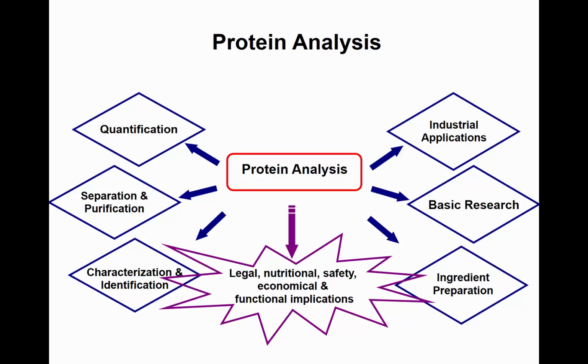And when you're carrying out protein analysis, you keep in mind legal, nutritional, safety, economical, and functional implications. Can you give me an example where legal matters, nutritional, safety, economical, function? You can pick any and give me an example. Melamine in milk.